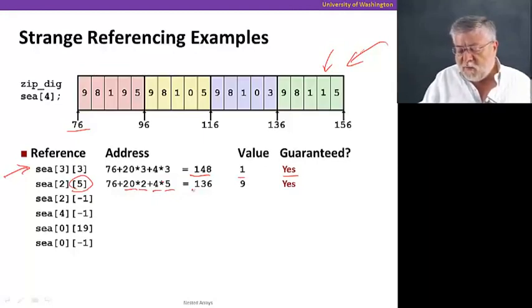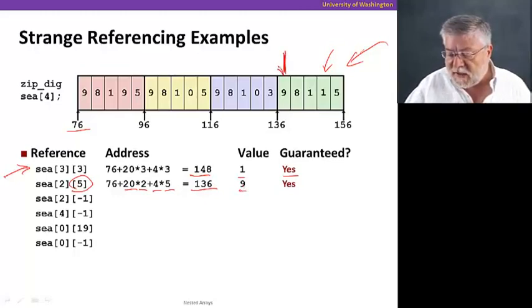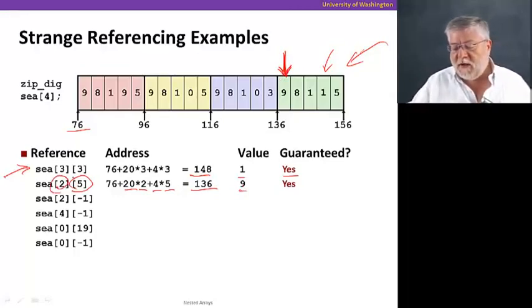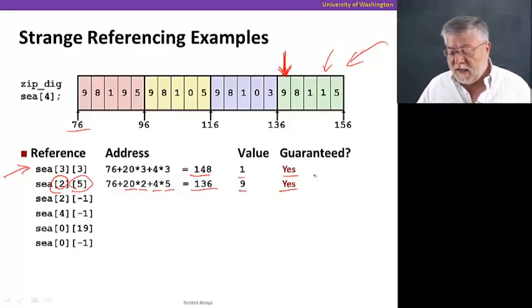Adding all that up, we get 136 as our address, and the value is 9. And the 136, you'll notice, is this location, right, which is clearly not the third element that we seem to be looking for here, the third row. It's one beyond that. But because of how we arrange things in memory and row major order, we will in fact always get a 9, and this value is guaranteed to be consistent, even though we're using the wrong index.